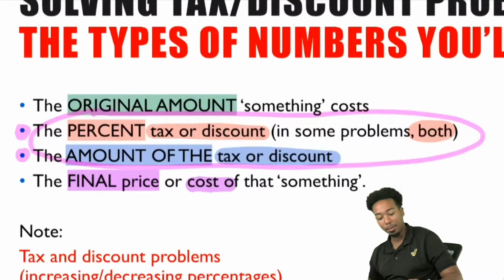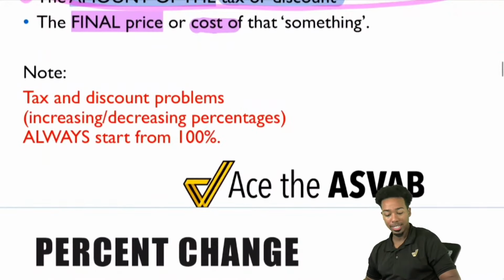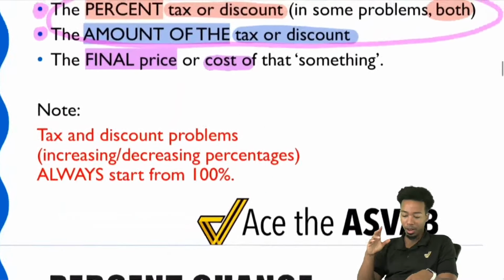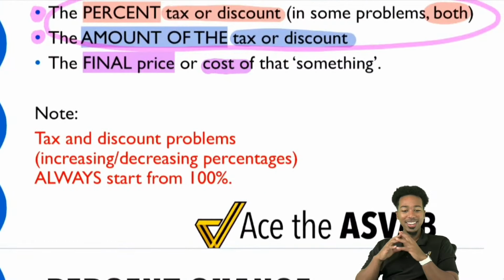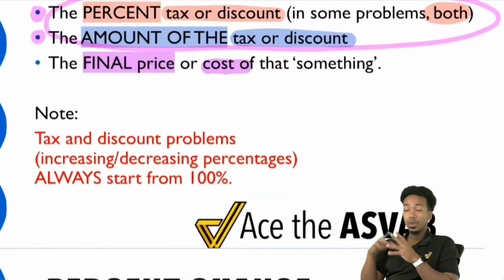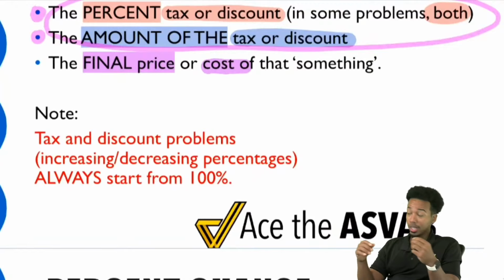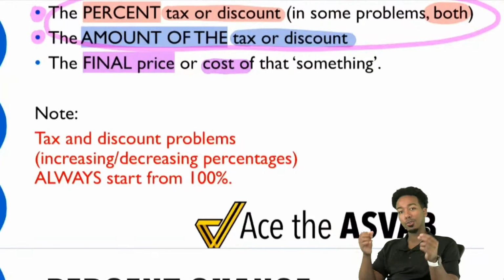Now, there's a big important note that I have down here that I need you to write down as well. This is the last thing I'm going to have you write down prior to this next slide. So when it comes to tax and discount problems, you're always, and when I say always, what I really mean is always going to start from 100%.